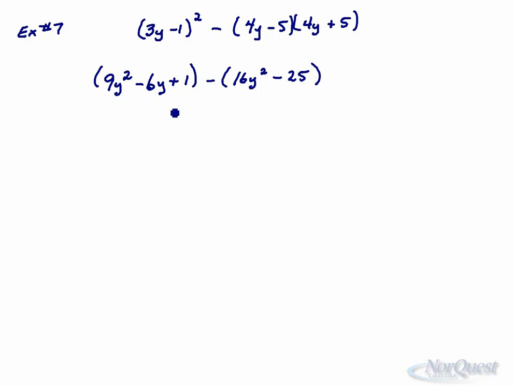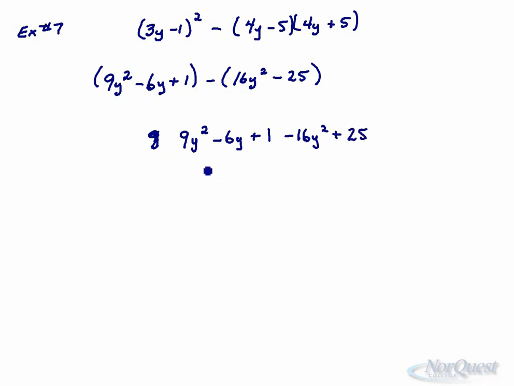Now distribute the negative 1 to get 9y squared minus 6y plus 1 minus 16y squared plus 25.